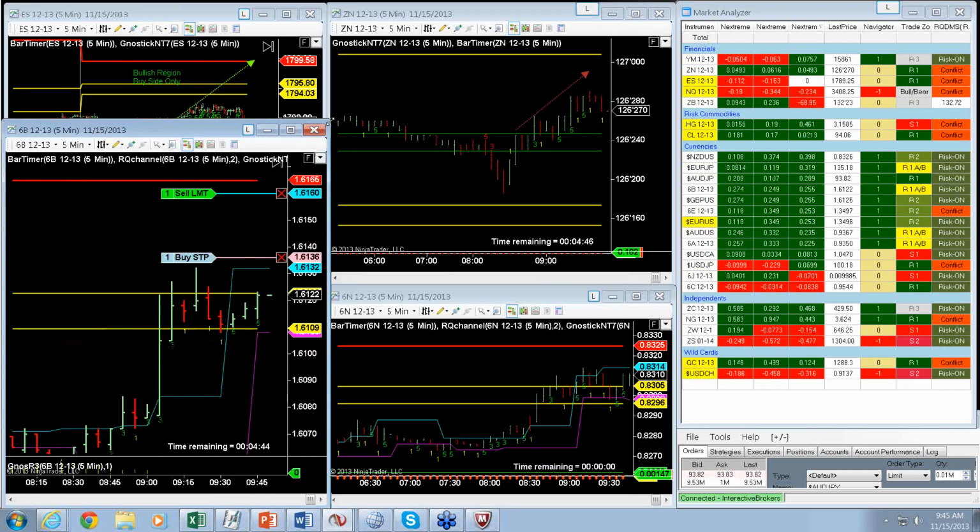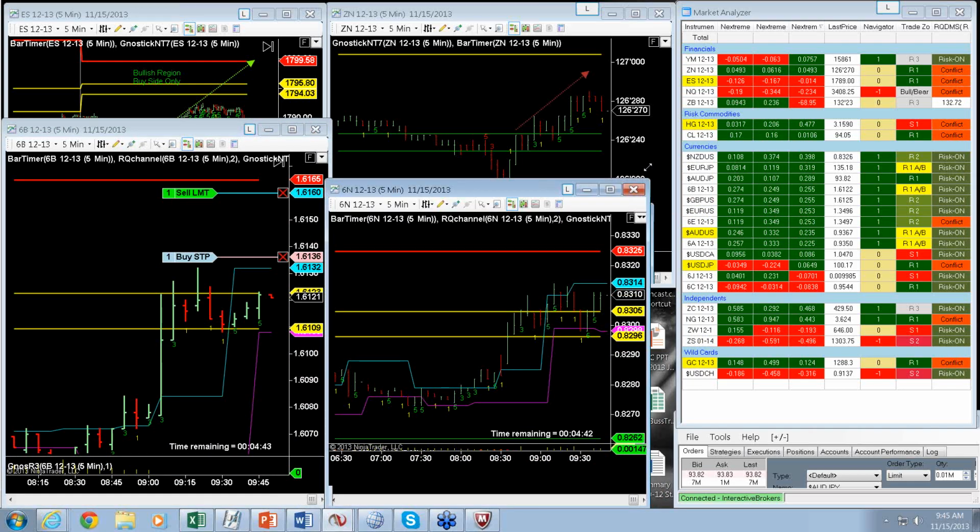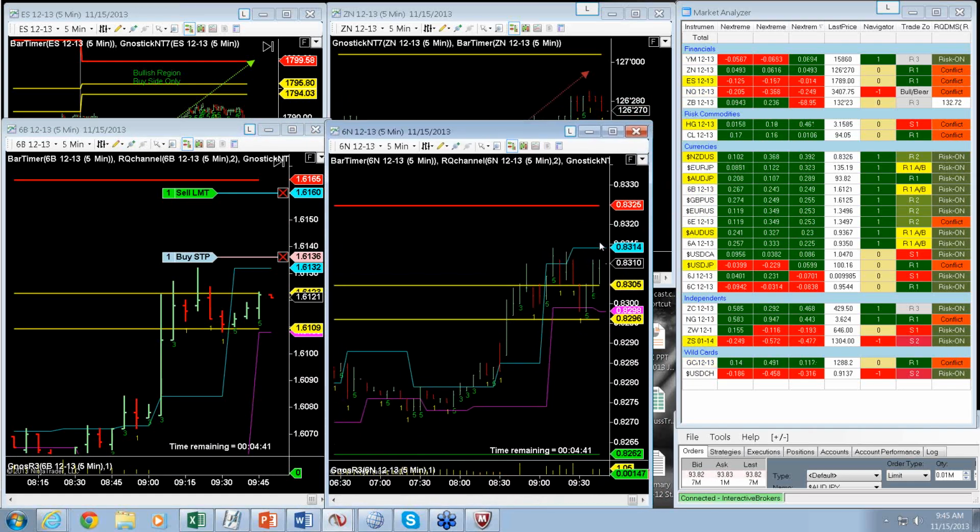Everybody see that? Which one would you rather be long? Be long here at 16 with 9-point profit potential on the futures, or be long here at 36 with, what do we have there? 24-point profit potential. Of course, this is easy.